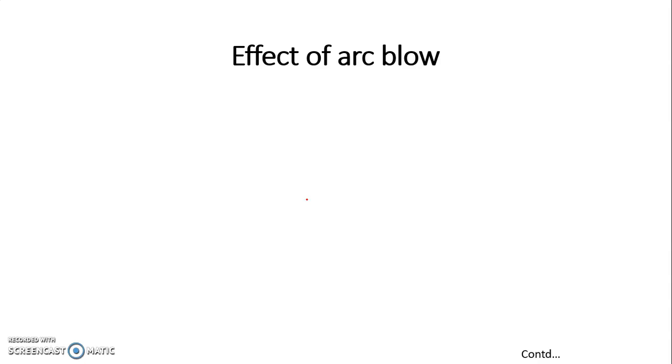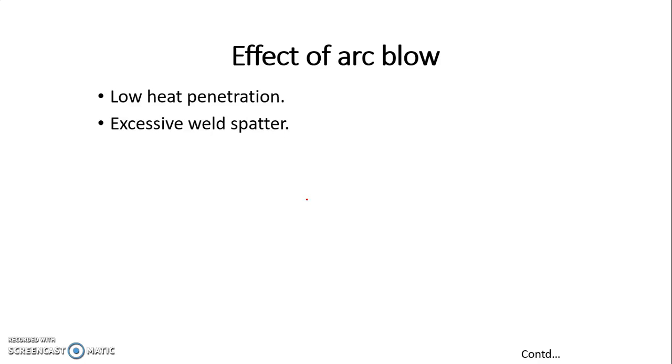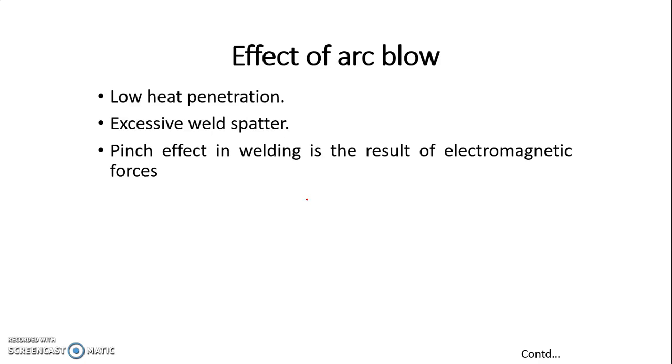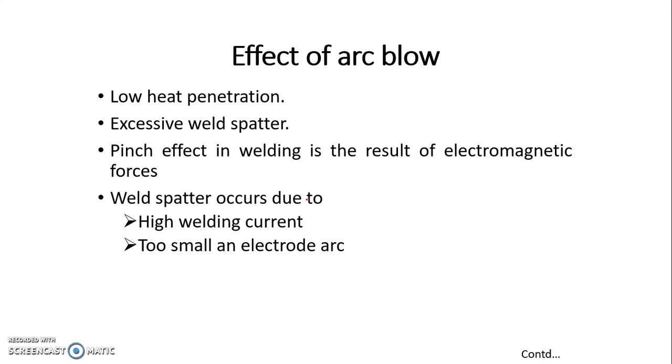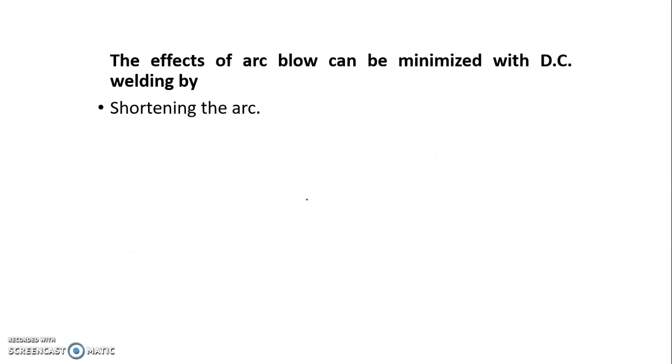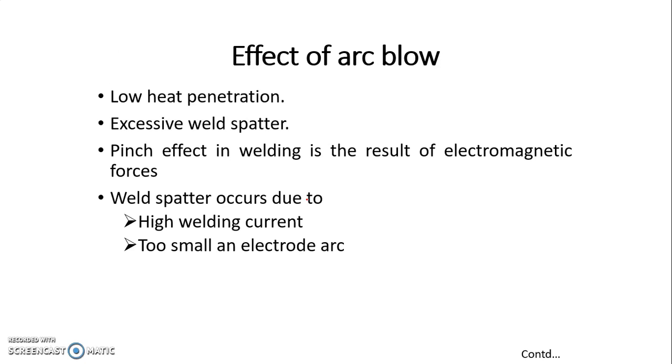Effect of arc blow: low heat penetration, excessive weld spatter, and pinch effect in the welding as a result of electromagnetic forces. Low heat penetration in the weld zone leads to incomplete fusion and bead porosity.